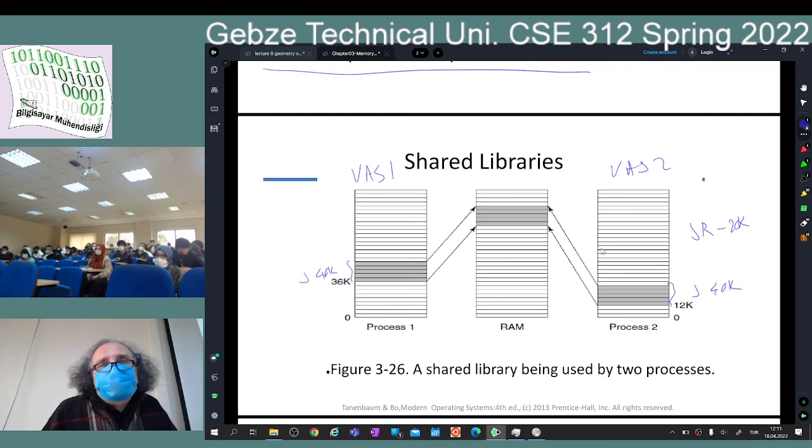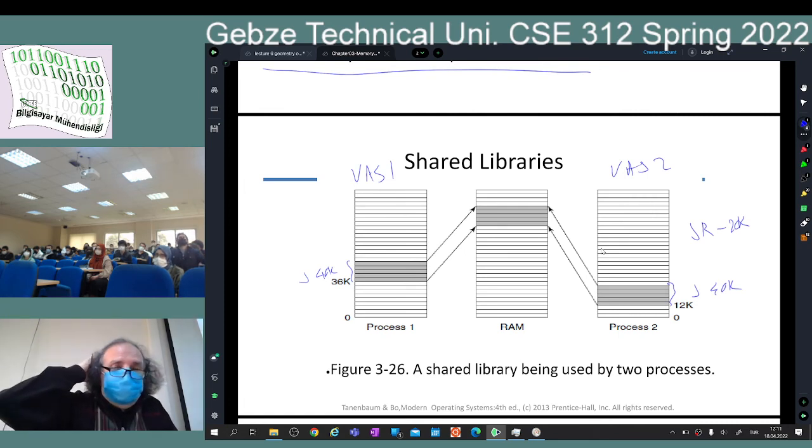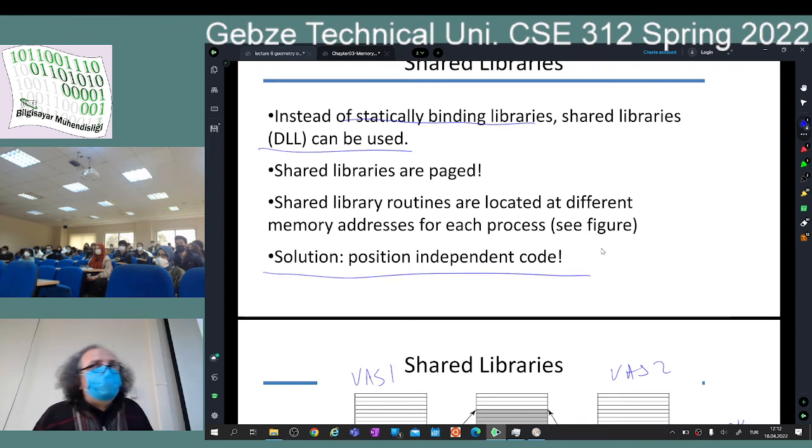Okay, with the stack, I always reference my stack positions as stack pointer -8, stack pointer -12, and etc. So that's called position independent code. So you are saying that, well, you have created your own dynamic link libraries, right?